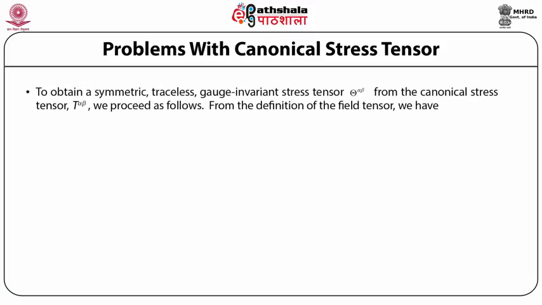To obtain a symmetric, traceless, gauge invariant tensor Φ^{αβ} from the canonical stress tensor T^{αβ}, we proceed as follows. From the definition of the field tensor, F^{βλ} = ∂^β A^λ − ∂^λ A^β, which implies that ∂^β A^λ = ∂^λ A^β − F^{βλ}.